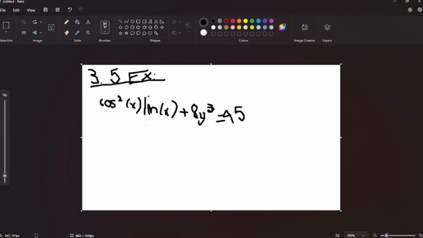So to start, we're going to list all the derivative rules that we can find here. So we're going to clearly use product rule, which we're going to abbreviate a bit, Pro.